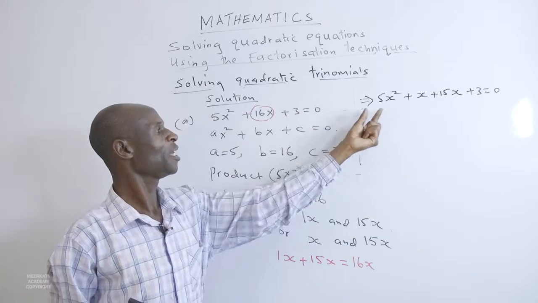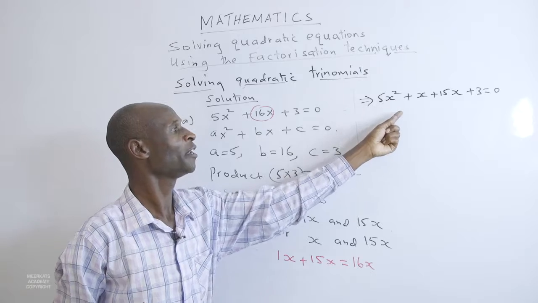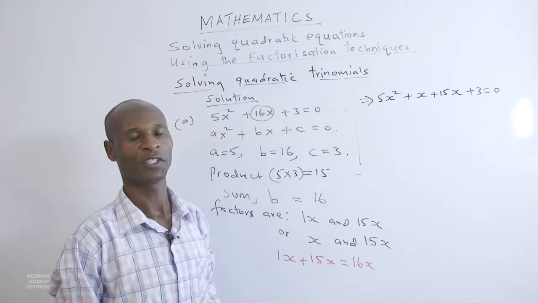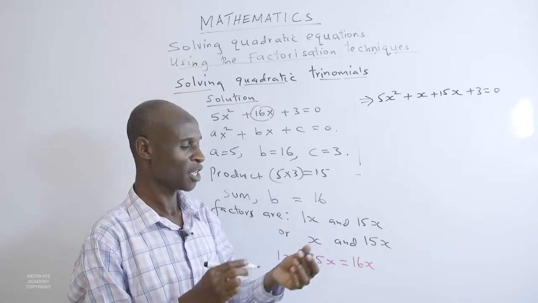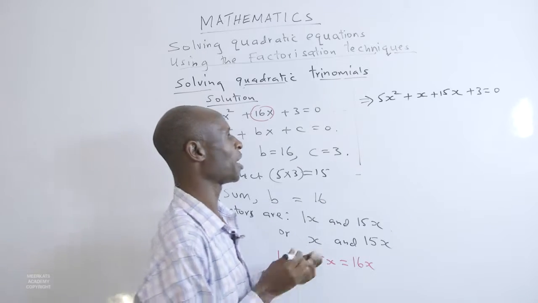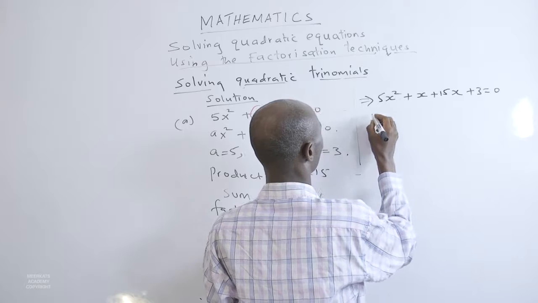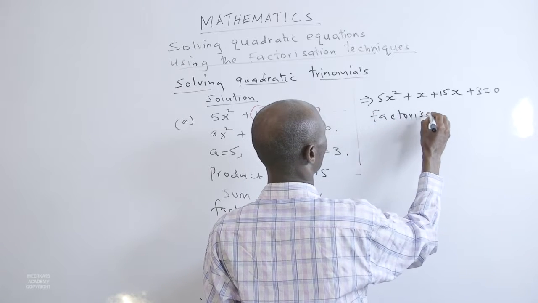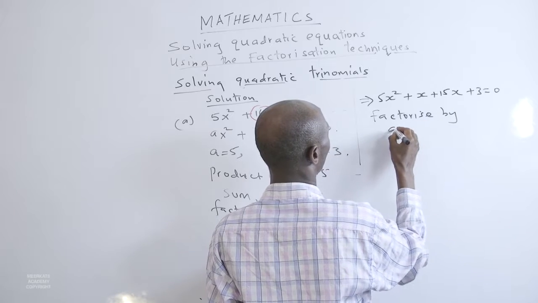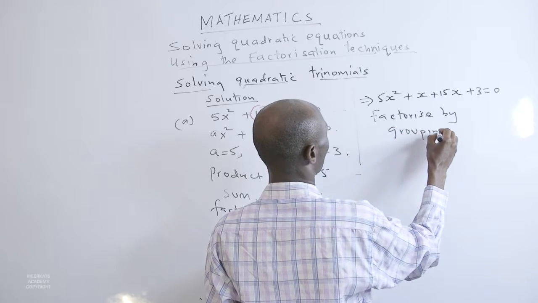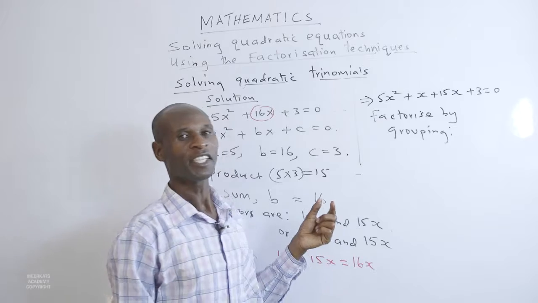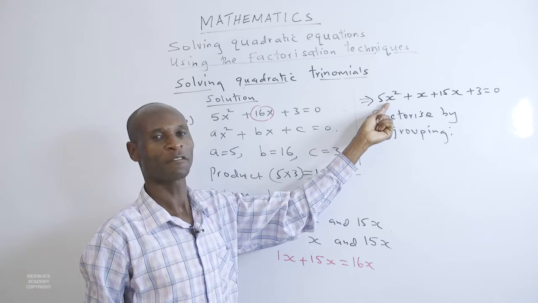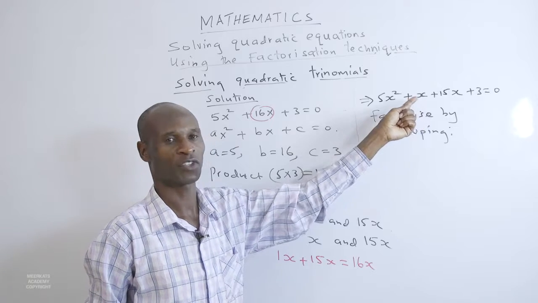So if we split the middle term, we have 5x squared plus x plus 15x plus 3 is equal to 0. Then at this point, you factorize by grouping. That is, we group the first pair, the first 2 terms, 5x squared plus x.